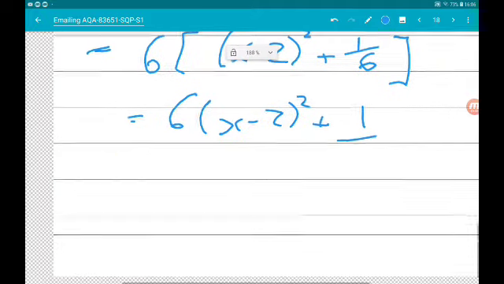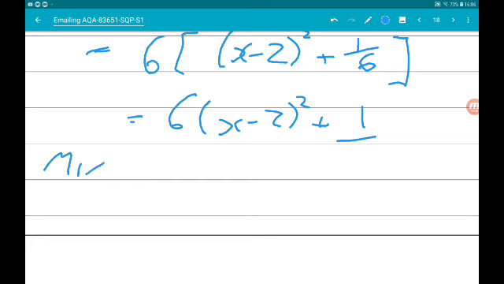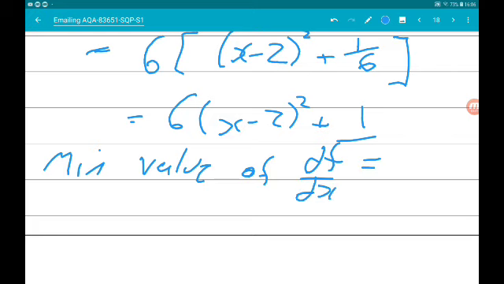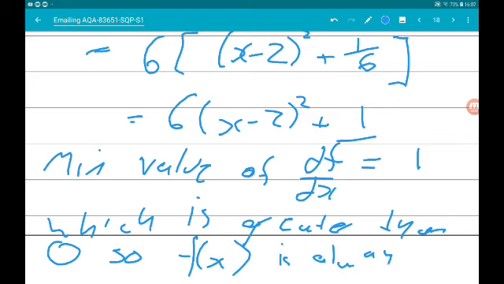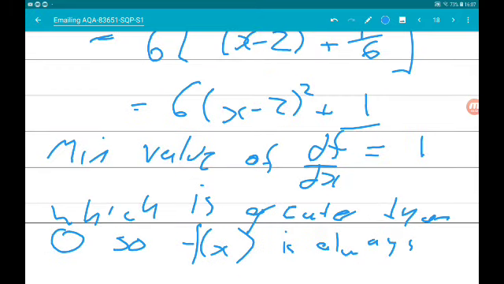So, the minimum value of df by dx is 1, which is greater than 0. So f of x is always increasing. Cool.